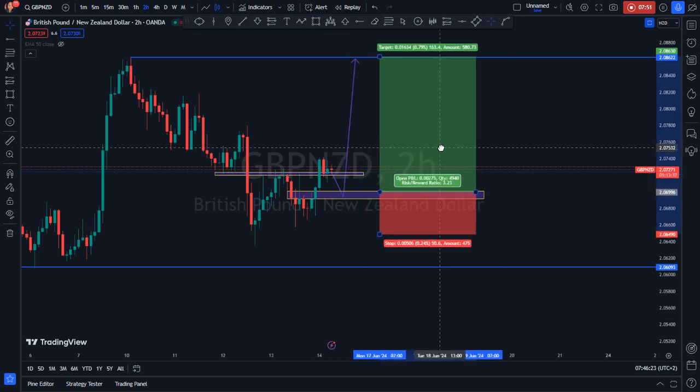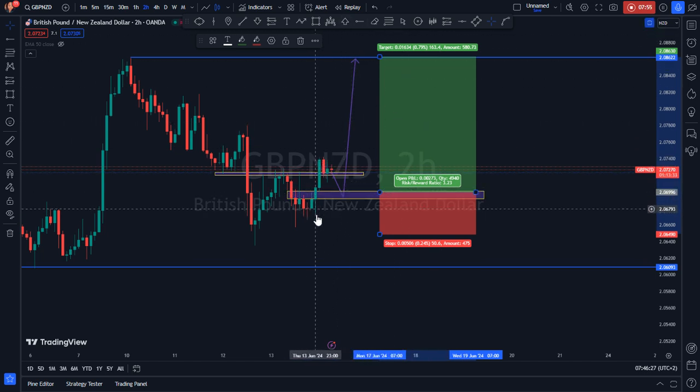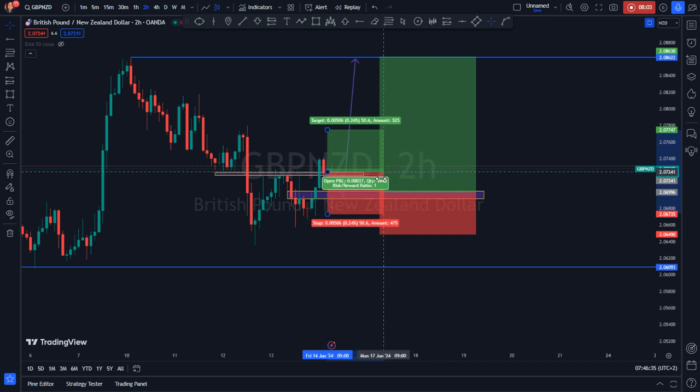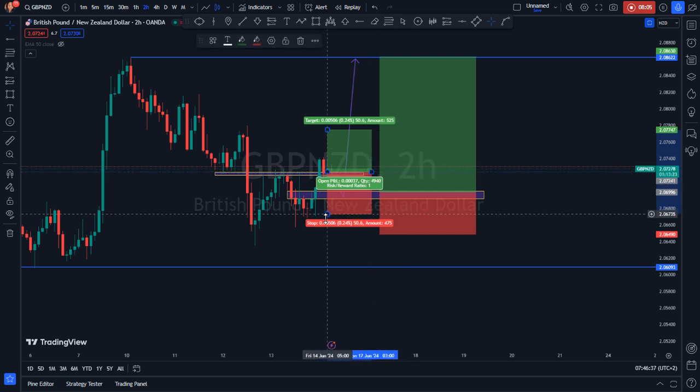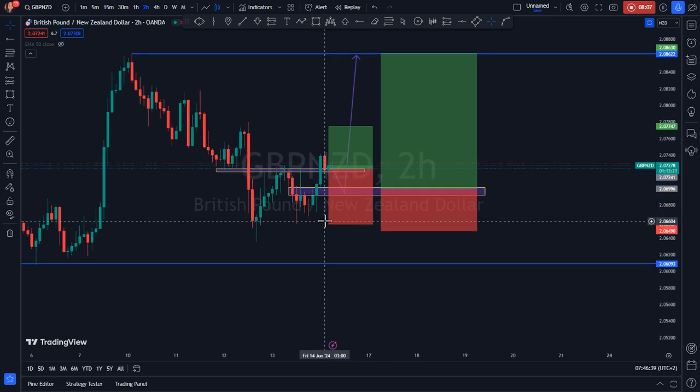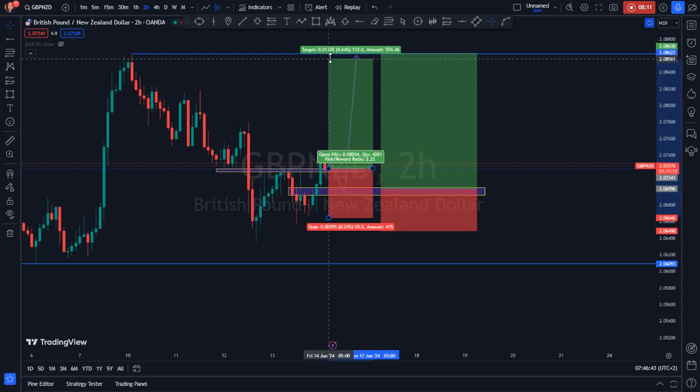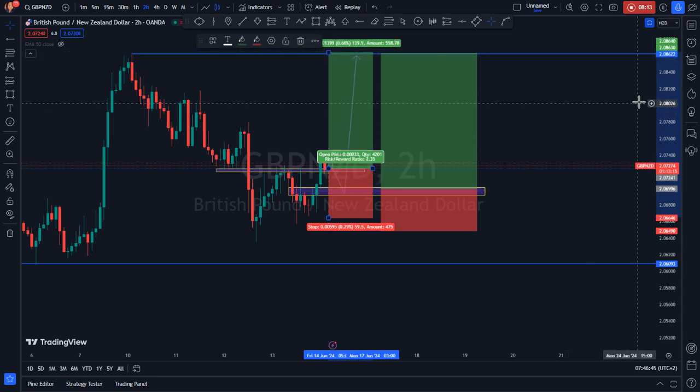If you have no faith in this setup, you can wait for this golden zone of this impulsive correction, and then you can enter there, or you can even add to your position. But for now, I think I must just risk on this one, guys. I know the stop loss is going to be slightly bigger.